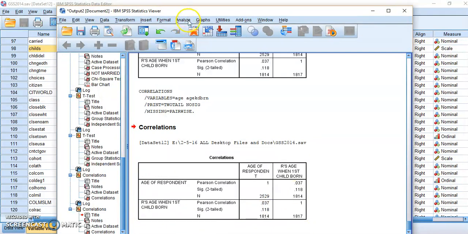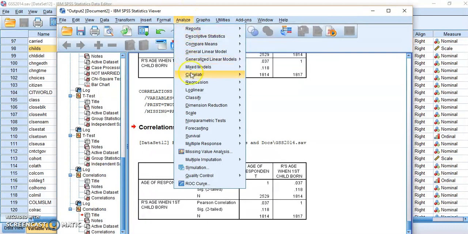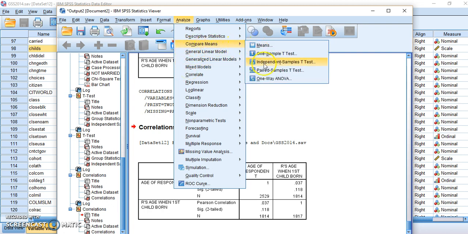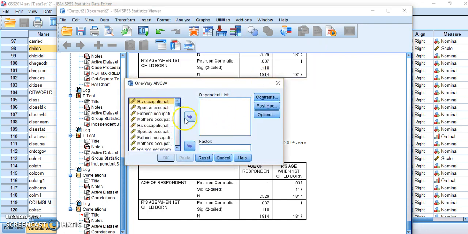And I just wanted to point out also that you can run your ANOVA, or your analysis of variance, for a one-way ANOVA by going to compare means. We did the t-test. The extension of the t-test is the one-way ANOVA. Okay, and you would just select where it says factor, you would put your categorical or your independent variable here, and then you would put your interval level or your dependent variable in this block.